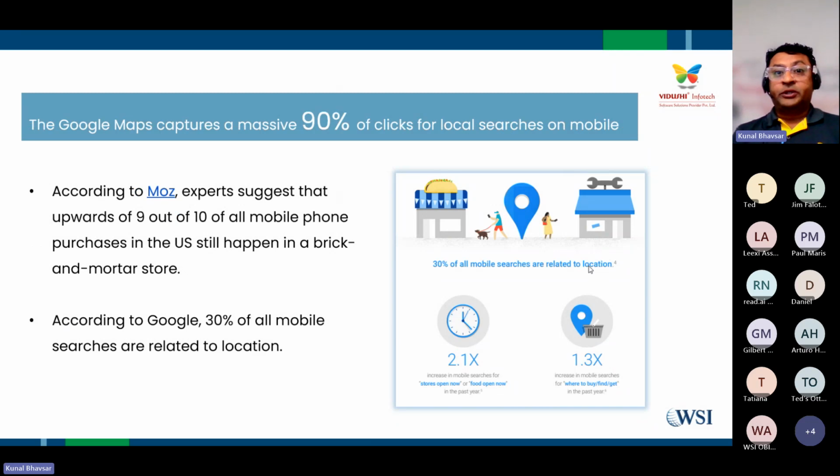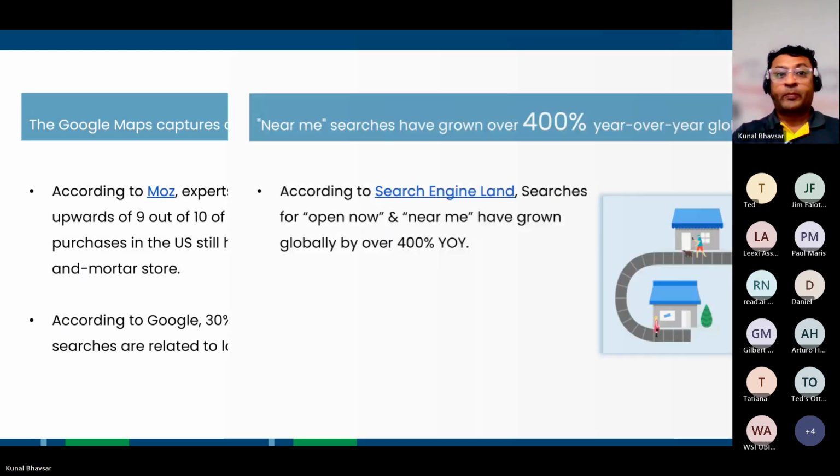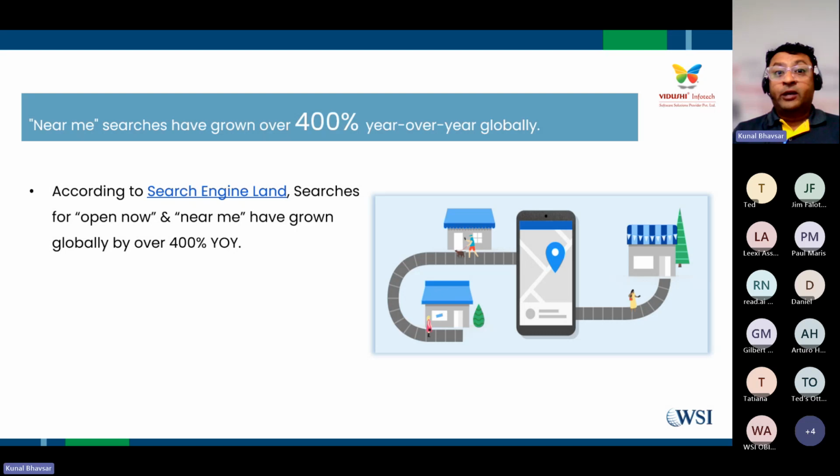According to other research published by Moz, Google Maps captures a massive 90% of clicks for local searches made on mobile devices. Near me searches have grown over 400% year over year globally, according to research by Search Engine Land.